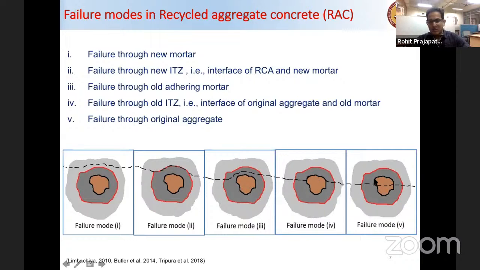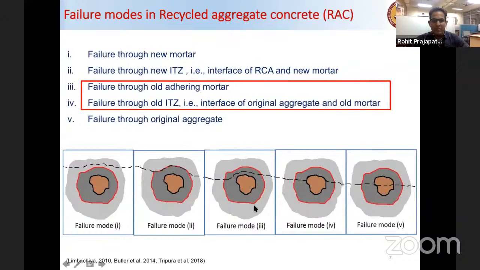And lastly, it could pass through the original aggregate. But out of these 5, modes 3 and 4, which are related to the old adhered mortar, are found more common.